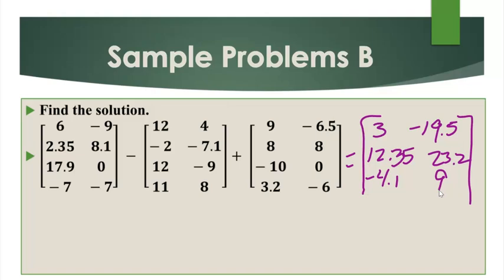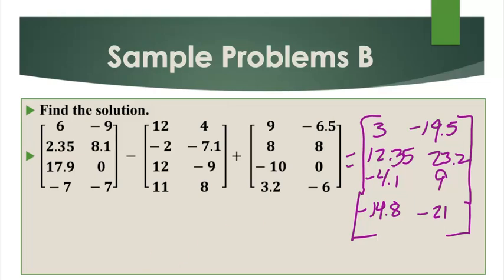So negative 18 plus a negative 6, or plus 3.2. That gives us negative 14.8. And the last one is negative 7 minus 8 minus 6 gives us negative 21. And that would be our matrix for that one.